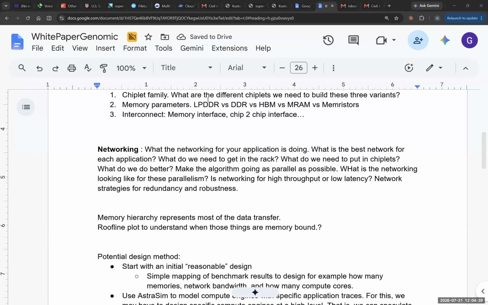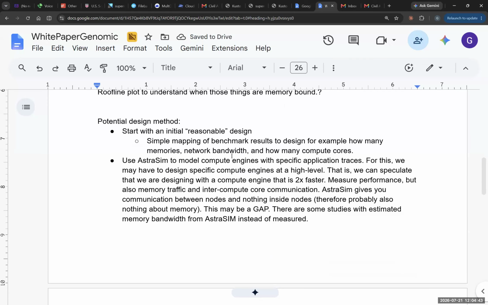So that's a good question, and there's no one answer, honestly. But in my mind, it's maximizing performance given the constraints given to us by the technology, like how much power we can dissipate, how many chiplets and what area, how big they can be, and so on.